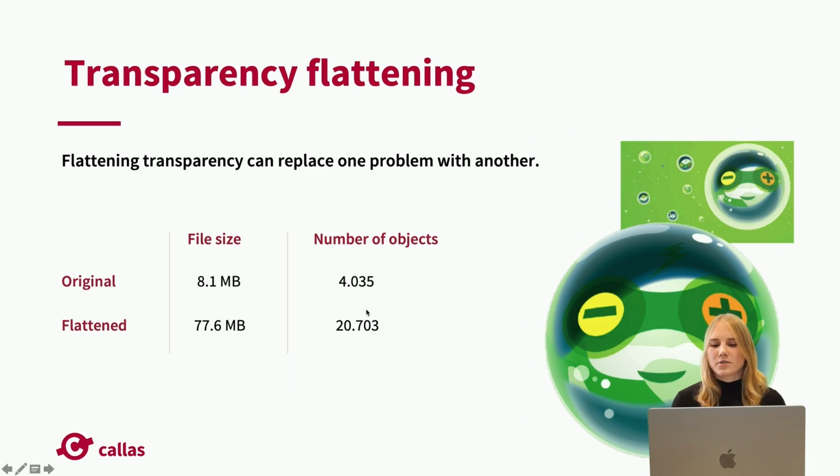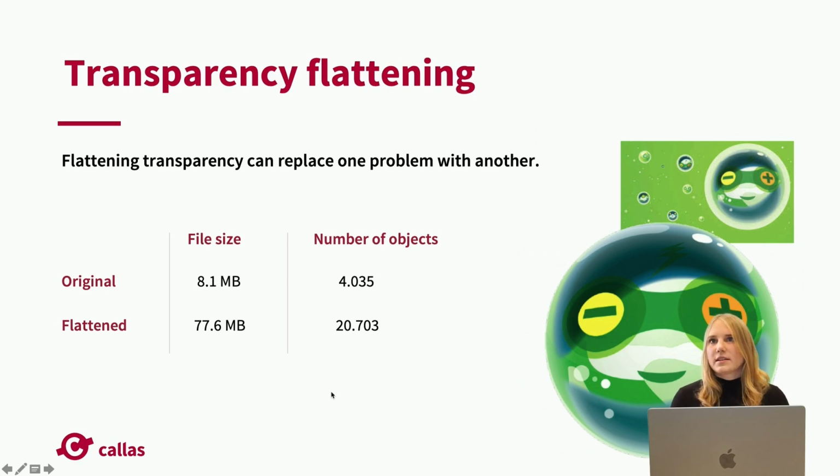And after the transparency flattening, the file became much larger and more complex because many additional objects needed to be generated to simulate the transparency effects. And as you can see, the result is now over 20,000 objects in the PDF file, and the file size, of course, increased as well. Really, really bad.